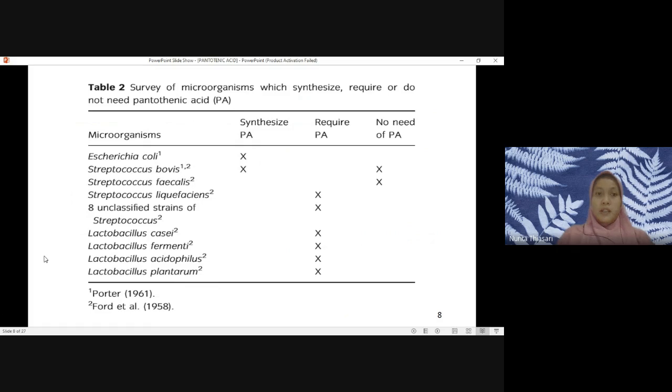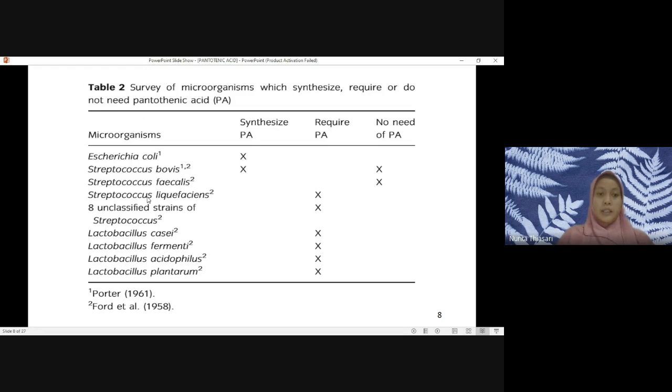And this table is the summary from two authors. These authors would like to know which microorganisms synthesize, require, or do not need pantothenic acid. From the first author, it mentioned that Escherichia coli and Streptococcus bovis are two microorganisms that can synthesize pantothenic acid, but they do not require pantothenic acid for growth.